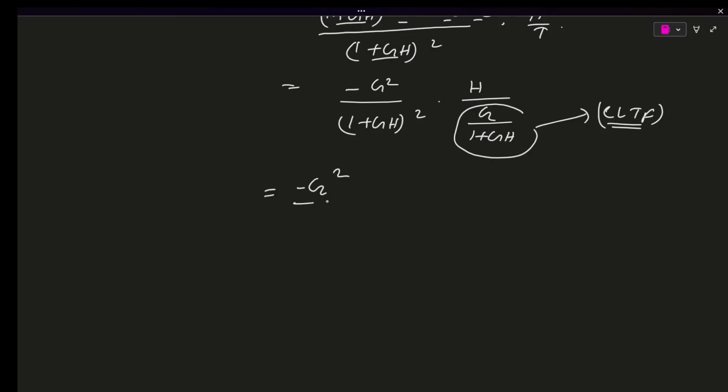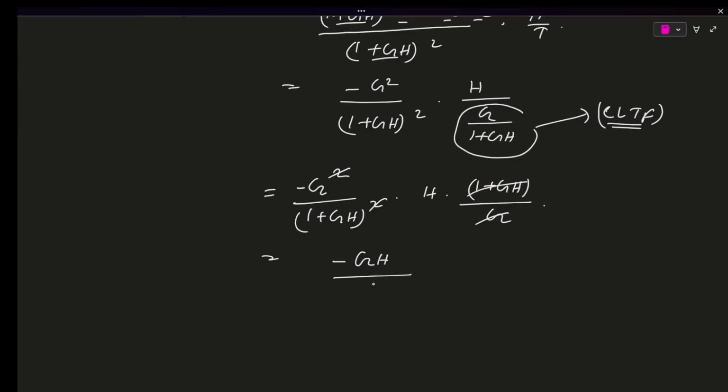So after simplifying all the things, we'll get minus G square divided by 1 plus GH whole square into H into 1 plus GH divided by G. G will cancel out with G square and 1 plus GH is cancelled out with the square, so we'll get minus GH divided by 1 plus GH. So this one is the formula for sensitivity for the feedback path system.